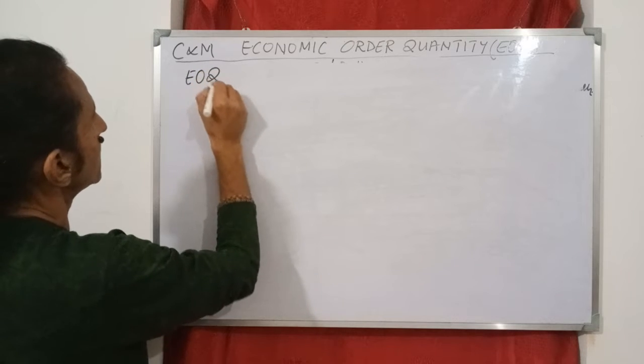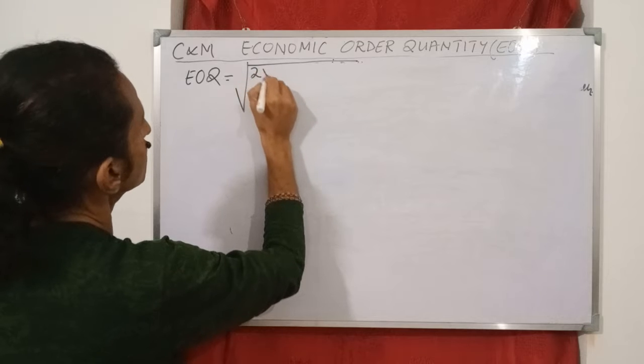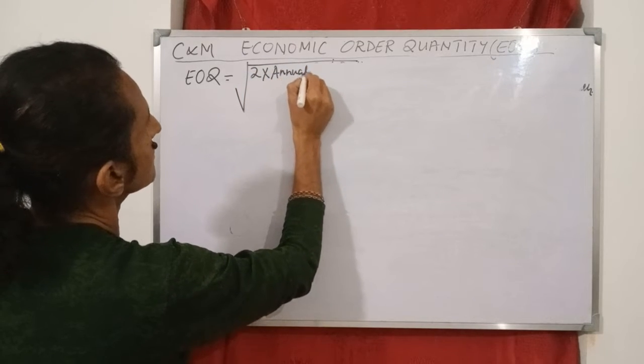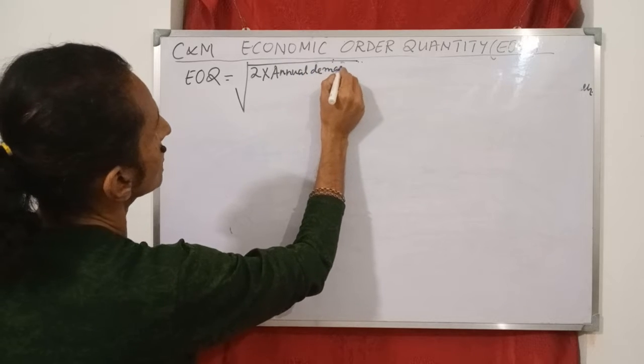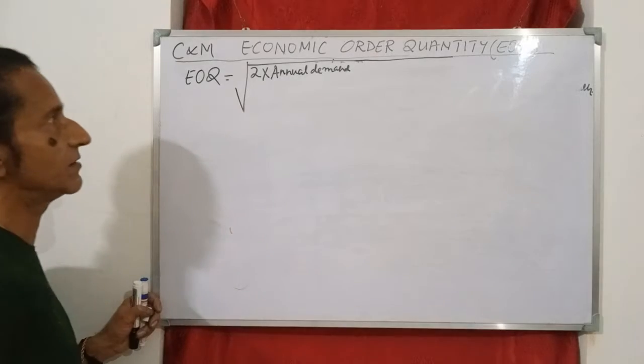EOQ, that is economic order quantity, is equal to root over 2 into annual demand or requirement or consumption by the production department.